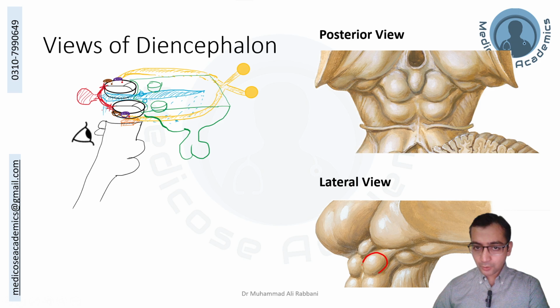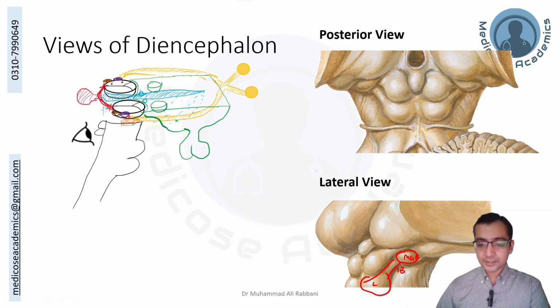So superior colliculus is connected to lateral geniculate body through this bridge of tissue that is called superior brachium. Similarly, you will see inferior colliculus connected to the medial geniculate body through inferior brachium.